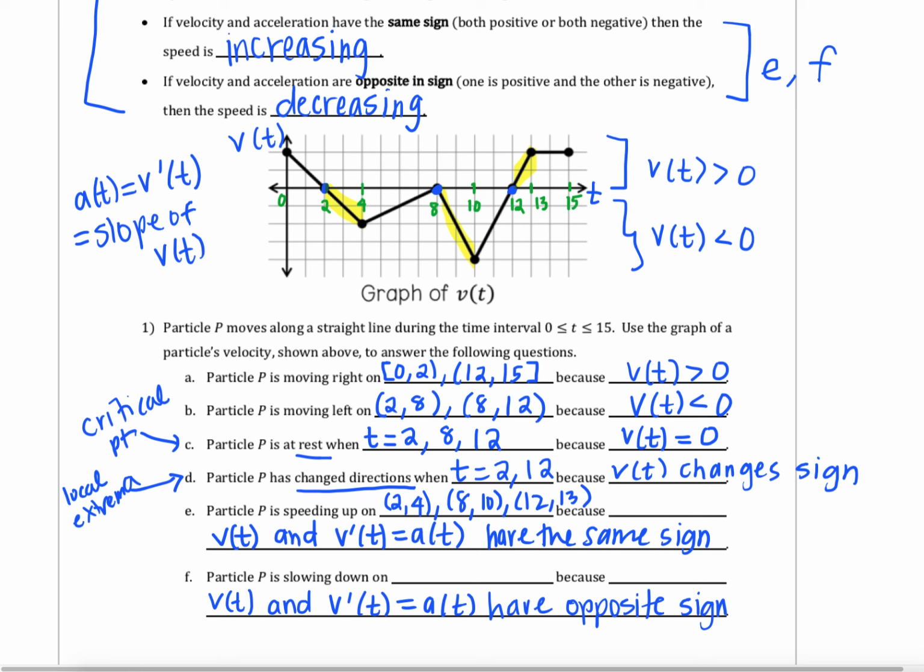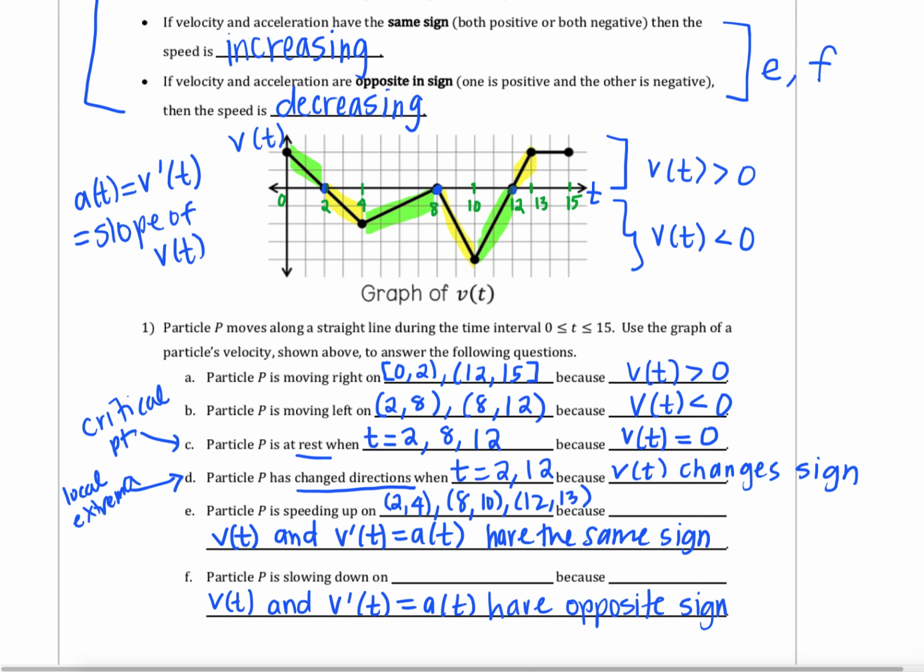So let's start with the first scenario where velocity would be positive, so we're above the x-axis, and the slope, so acceleration, would have to be negative. That's going to happen from 0 to 2 because we're above the x-axis, so velocity is positive, but we have a negative slope, so acceleration is negative. And now if I look for the opposite scenario where velocity is negative, we're looking below the x-axis, but we want the acceleration to be positive, so we need a positive slope, which would happen from 4 to 8 and 10 to 12.